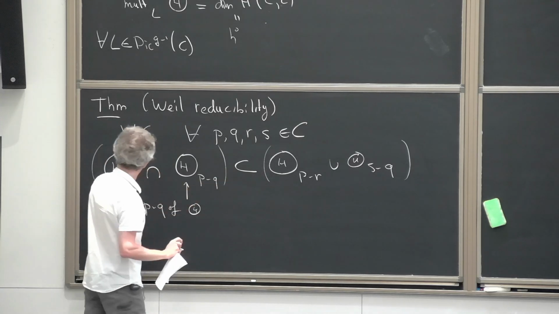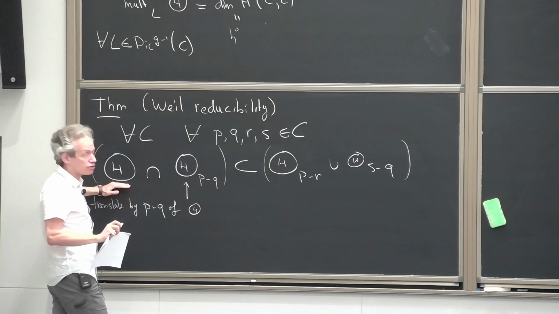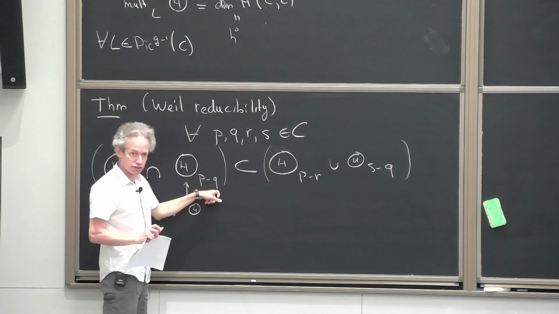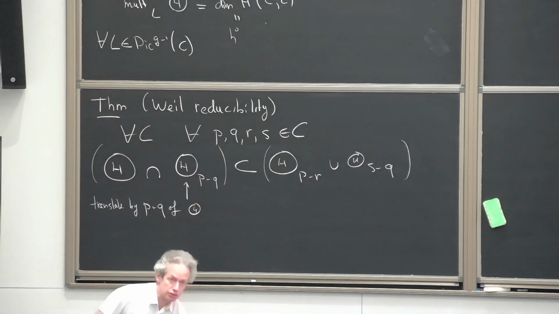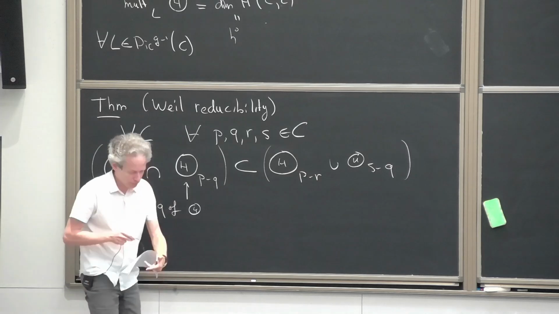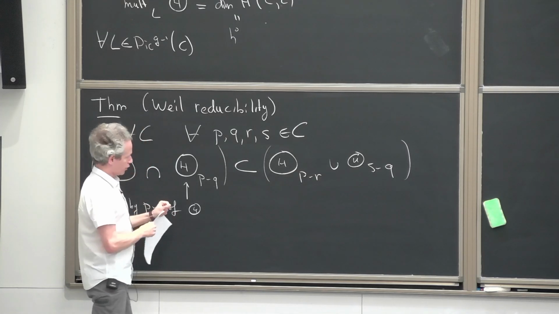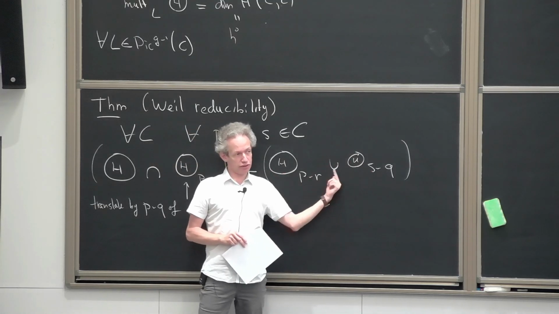But something strange happens. Look at the left-hand side. I take the theta divisor, well-defined, unique, no choice involved. I translate by P minus Q. So I get some codimension 2 thing, which depends on P and Q. And then I claim that it is contained in the union of two codimension 1 things.